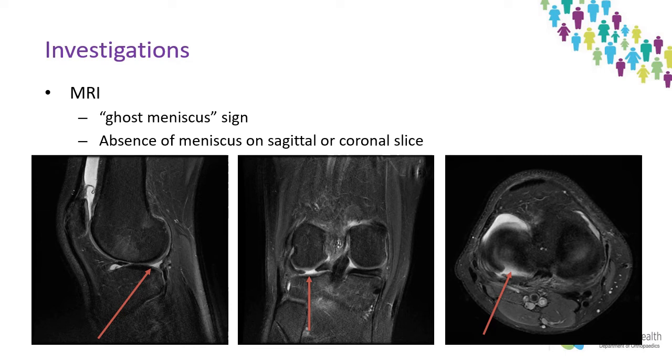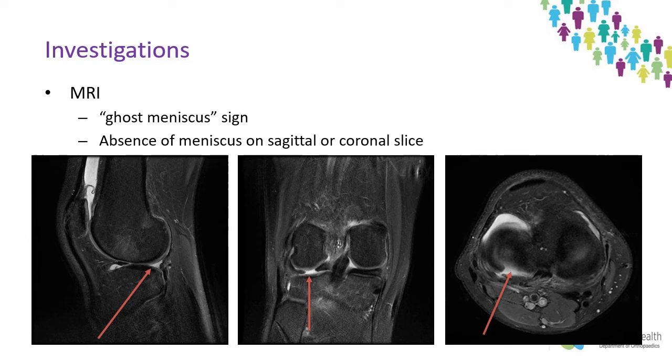The classic MRI finding is the ghost meniscus sign, where on scrolling through sagittal slices, the meniscus is initially present, then disappears or fades as a radially oriented tear lies in a similar plane to the slice or slices in question, and then reappears as you scroll beyond that area of tear and retraction.